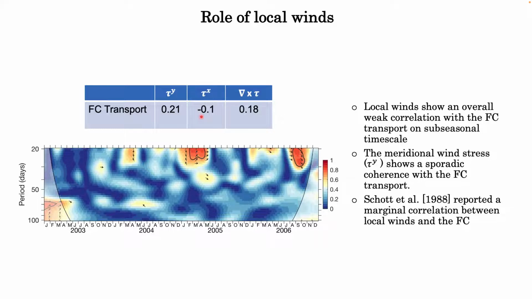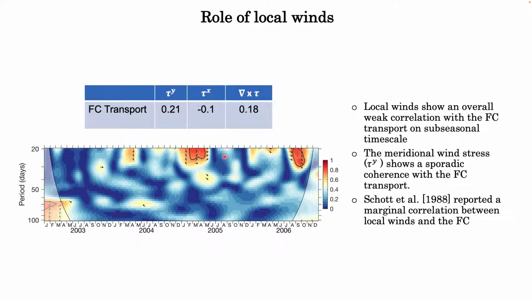The physical reason for this weak correlation, I'm not sure what it is, but it looks like statistically the overall weak correlation is because the correlation is concentrated in a narrower band, shorter than 30 days, as we can see from this wavelet coherence analysis between the FC transport and the meridional wind stress.